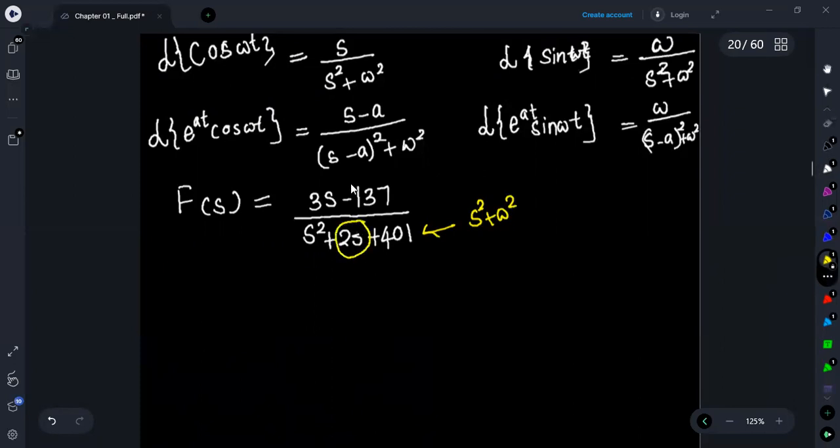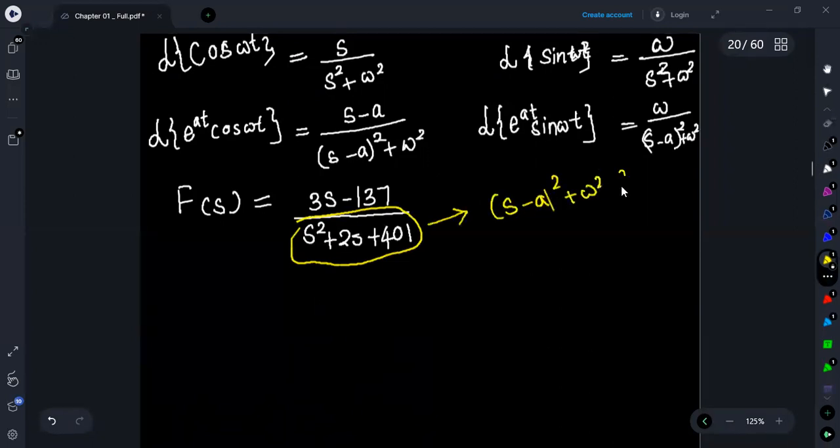So if this type of quadratic polynomial appears in the denominator, we have to convert this entire expression into s minus a squared plus omega squared form.